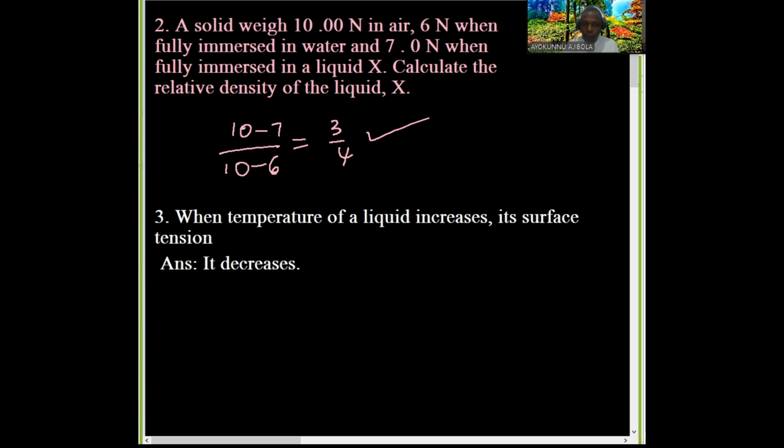Does any one of you know what is surface tension?